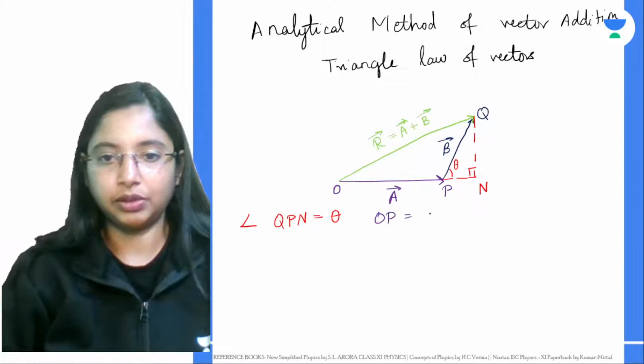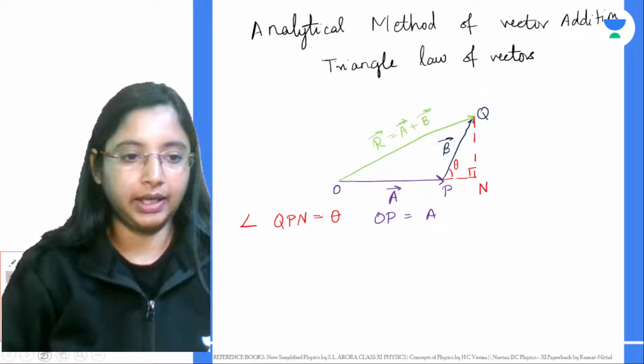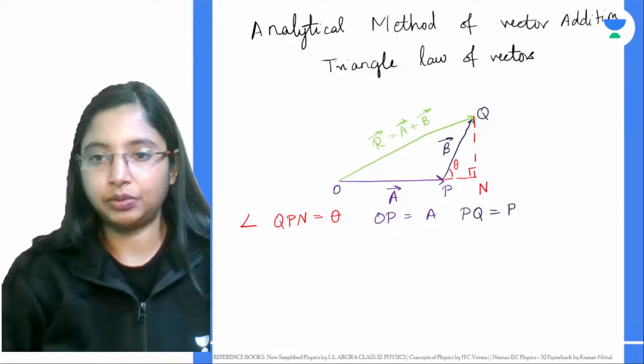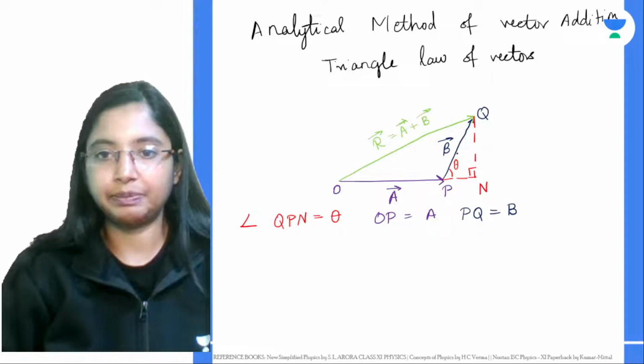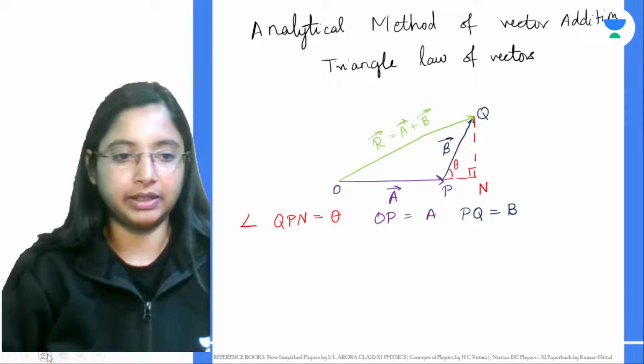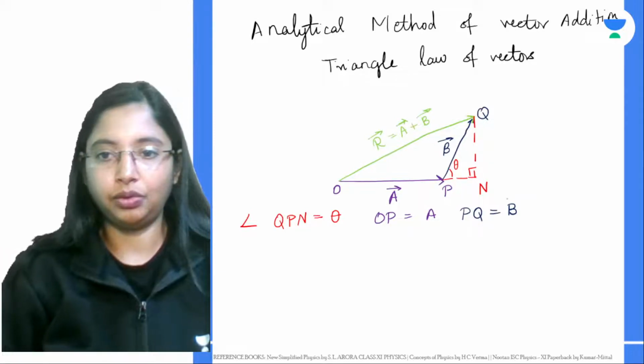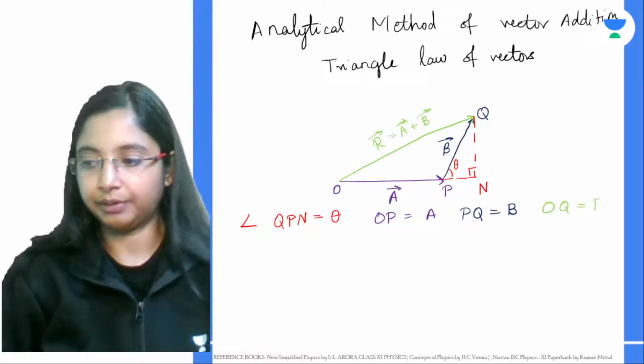OP is equal to A, and PQ, this side, is equal to the magnitude of B, and the arrowhead points towards its direction. And OQ is equal to R.